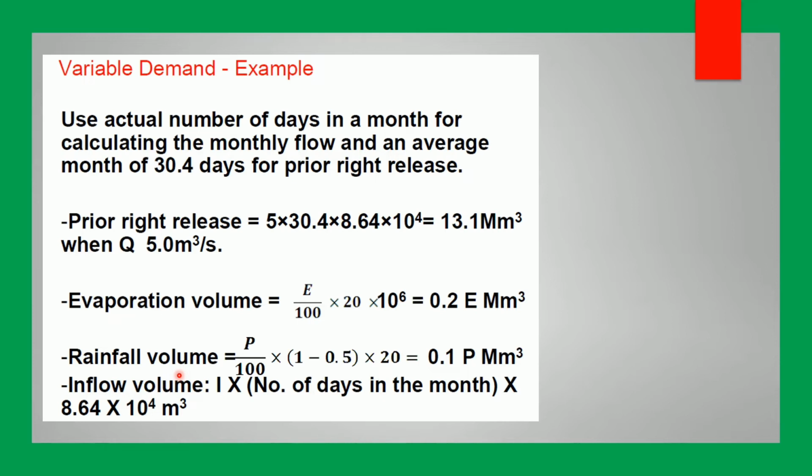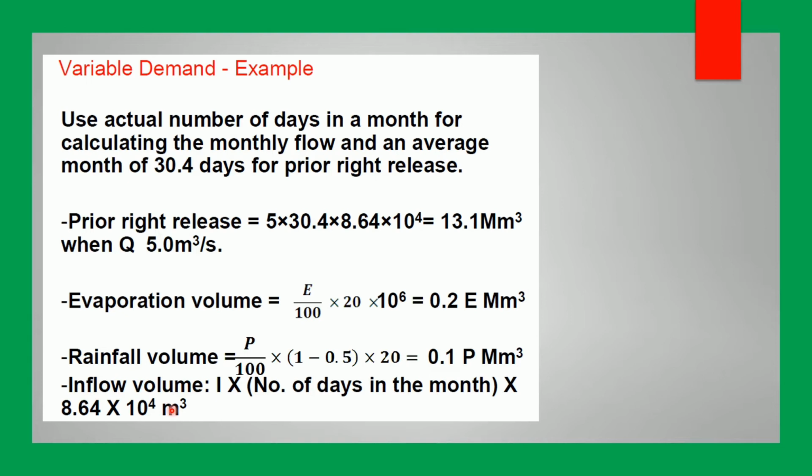To get the inflow volume, 1 times the number of days in a month times 8.64 times 10 to the power of 4 m³. The mass curve method assumes a definite sequence of events, and that is its major drawback. In practice, the runoff is subject to considerable time variation, and definite sequential occurrences represent only an idealized situation.